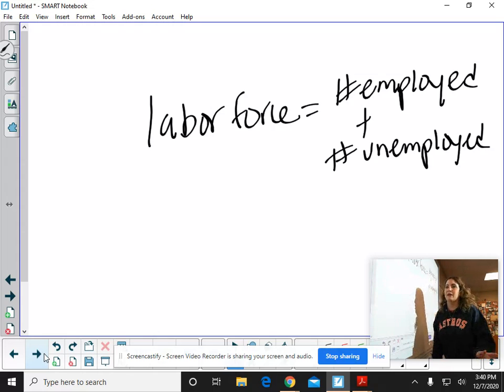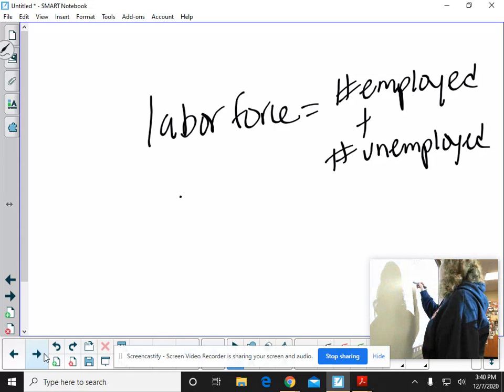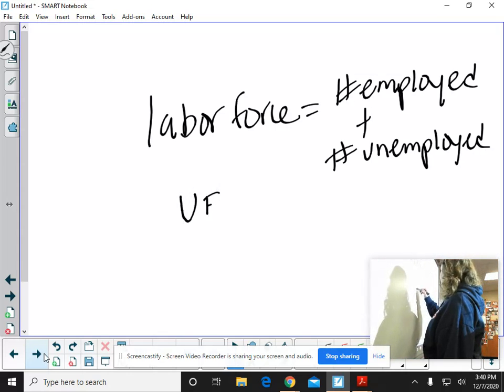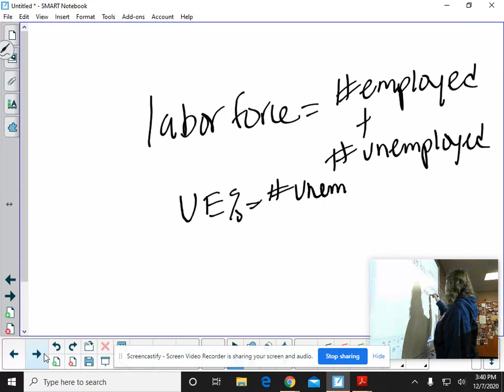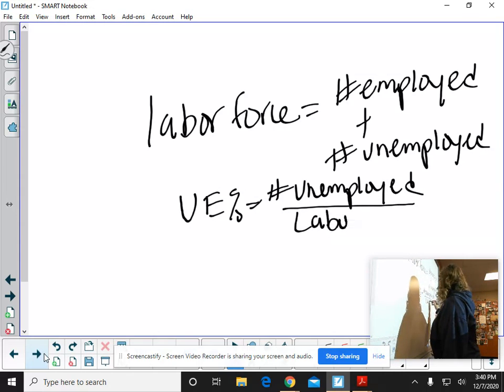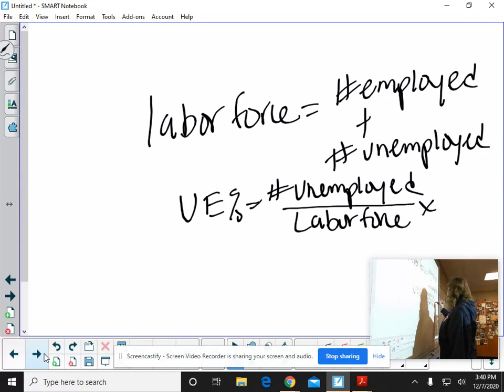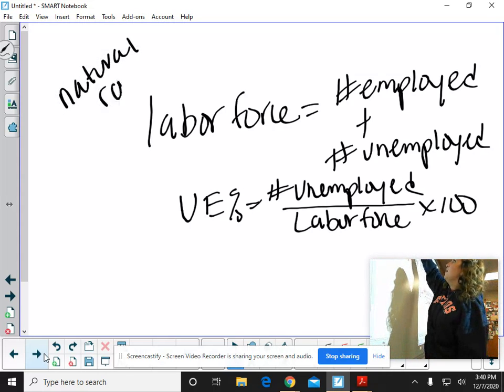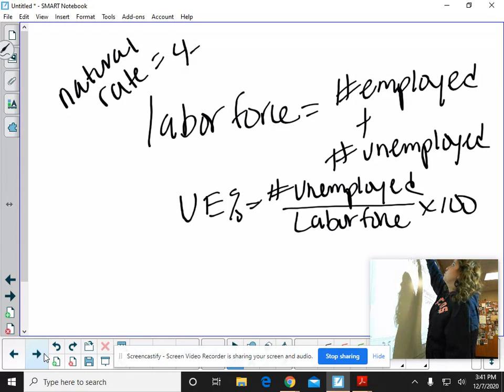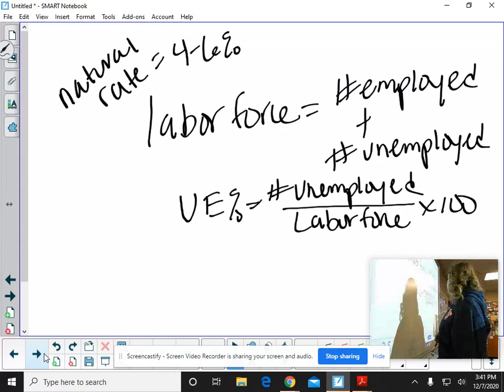And since we're here, I might as well do the equations for the labor force. The unemployment rate, unemployment percentage, is the number of unemployed over the labor force times 100. That'll give you the percentage of unemployment. Remember, that natural rate of unemployment is not 0%, but that 4 to 6% unemployment.